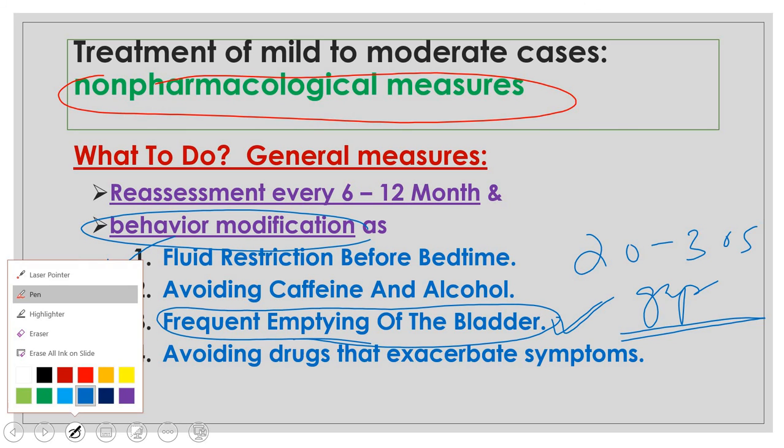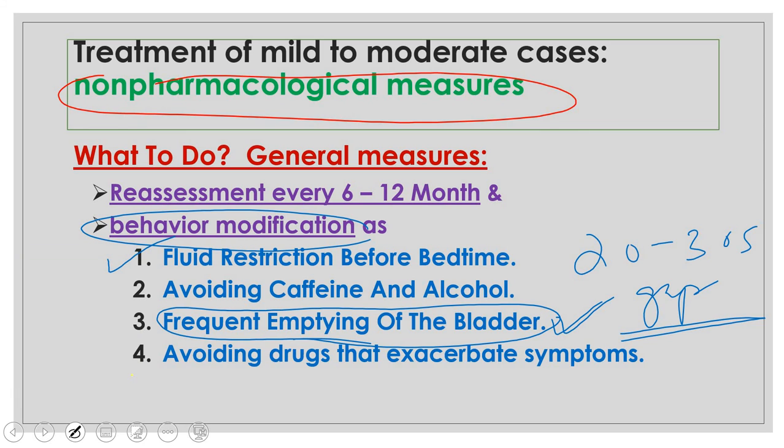And remember, dear students, what is important is that you have to avoid caffeine and alcohol, because caffeine has an inbuilt diuretic activity, and it increases the hemodynamics. It has inbuilt cardiotonic activity, and caffeine also has sympathomimetic-like activity.